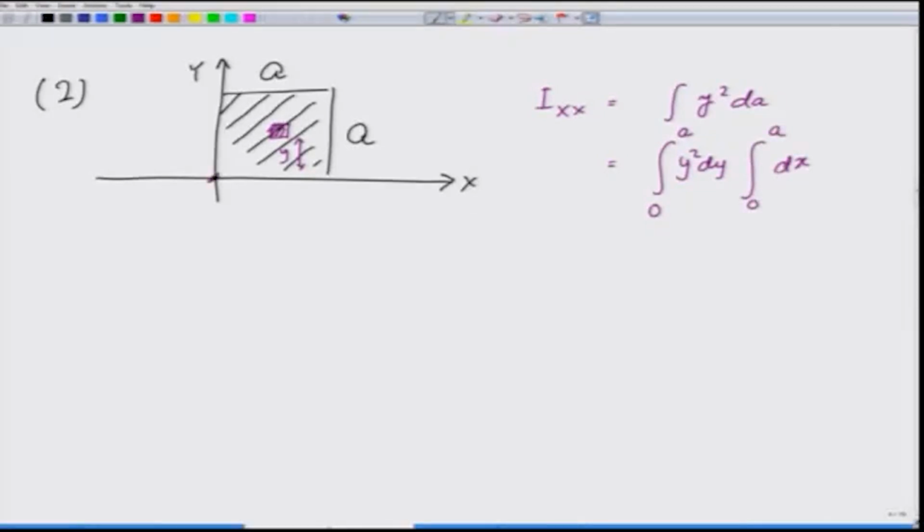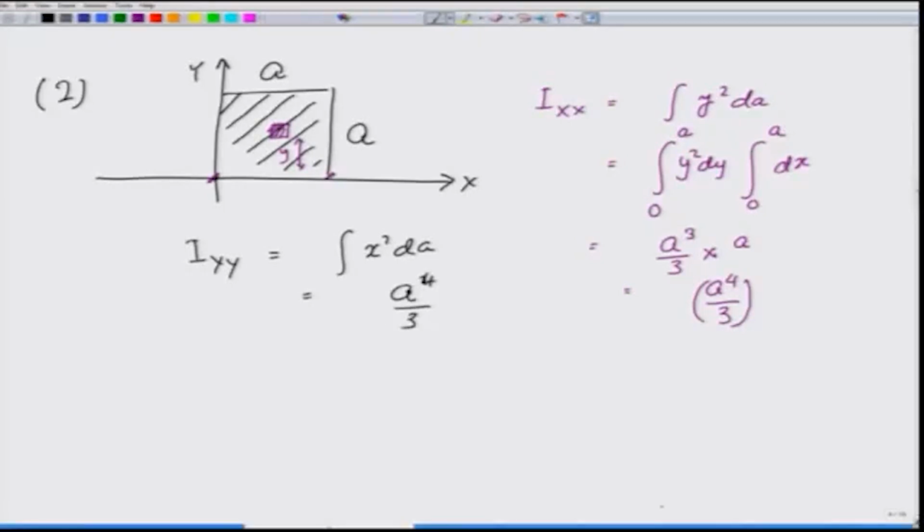The limits are from this point to this point, and this becomes a cubed over 3 times a, which is a raised to 4 over 3. Exactly the same distances are involved in calculating Iyy. So, Iyy, which is equal to the integral of x square dA, would also give you a raised to 4 over 3.